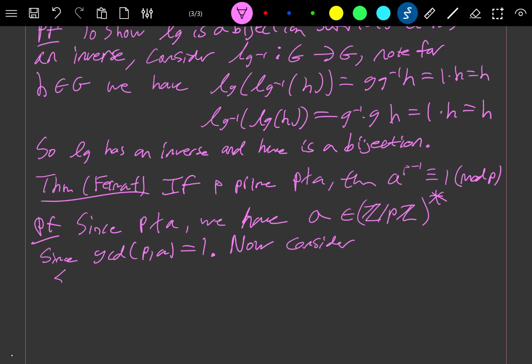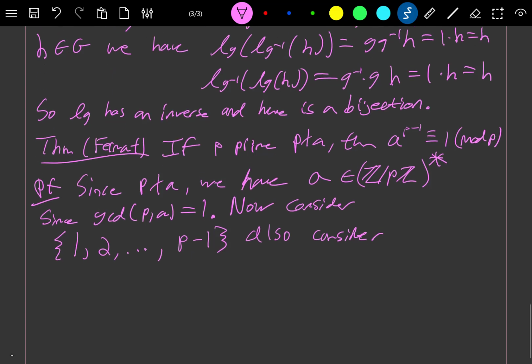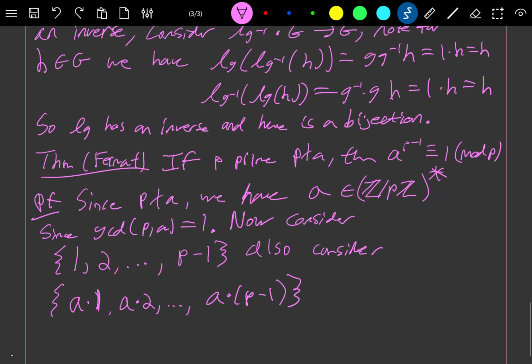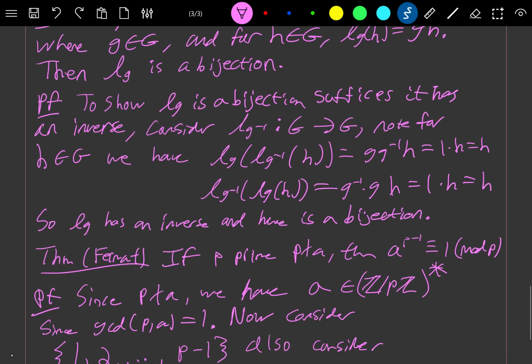So consider the set 1, 2, all the way to p minus 1. And now, let us also consider the set a times 1, a times 2, all the way to a times p minus 1. So this is just the set of left multiplying by g, or by a, that we described above.